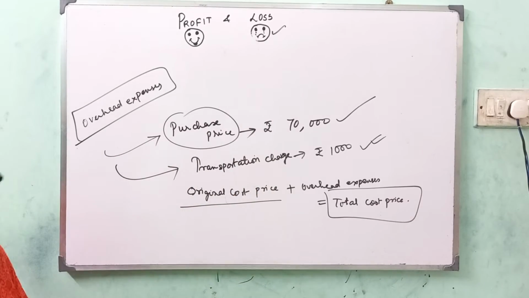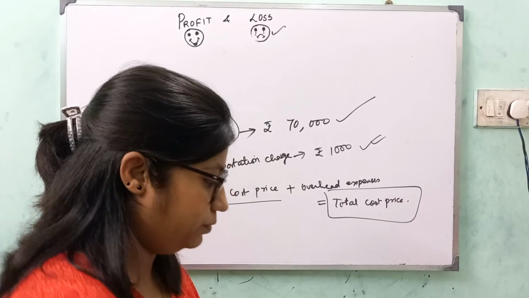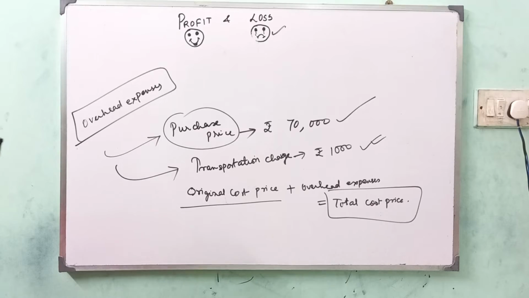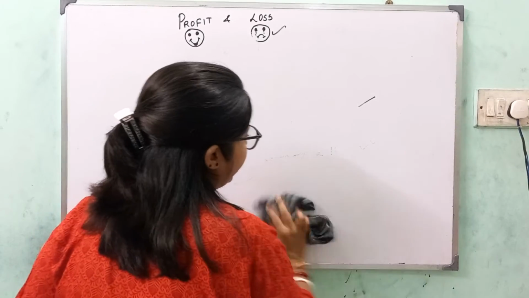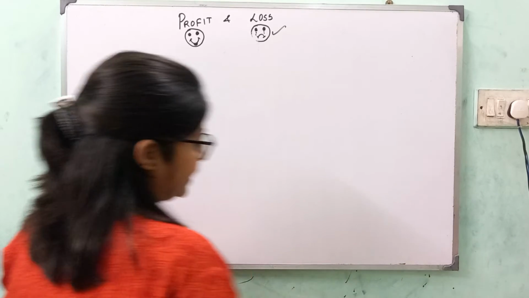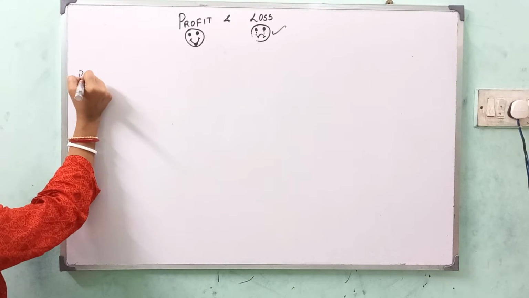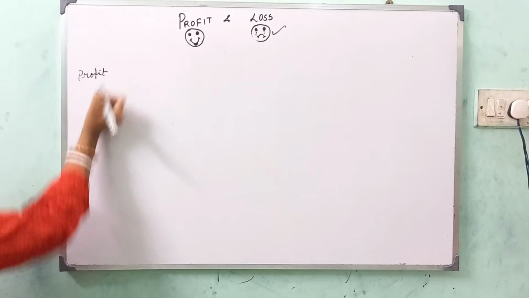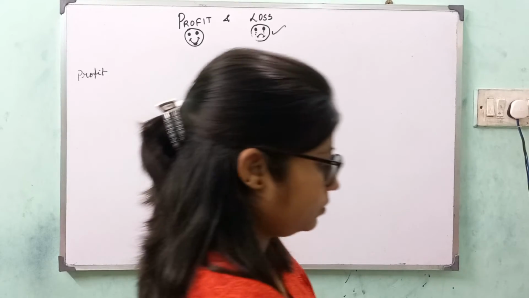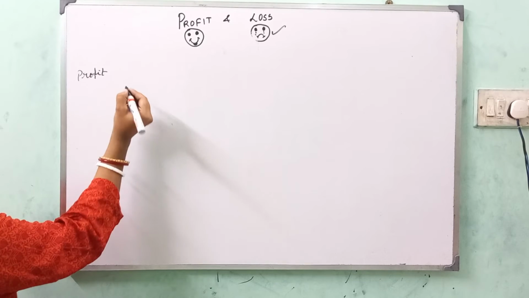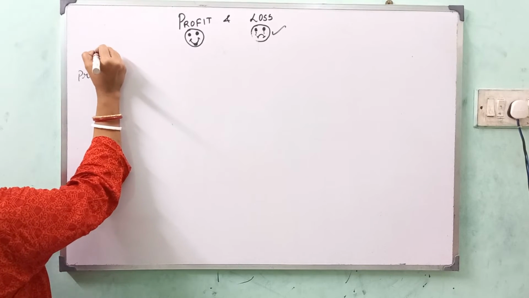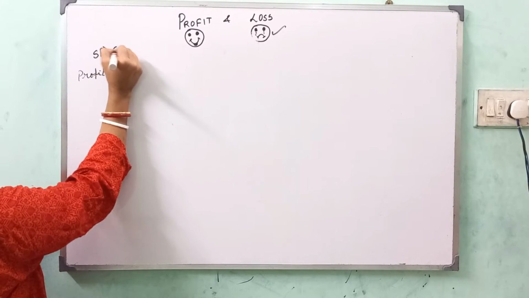Now, we'll just recap all the formulae that we have learned today. First is profit. For profit, you will first have to check whether your selling price is more than the cost price.